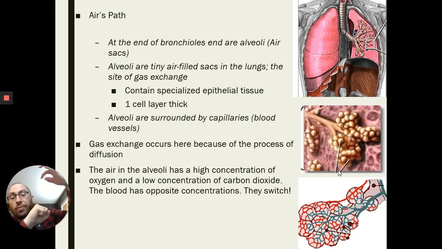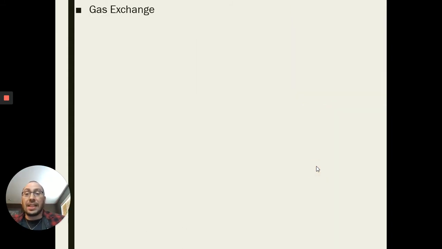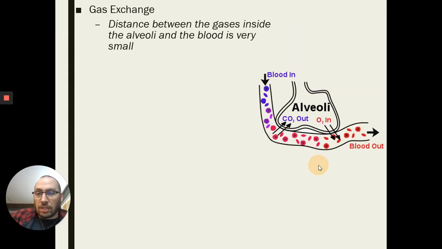That oxygen from the alveoli is going to want to get into those capillaries. The carbon dioxide from the capillaries is going to want to go into the alveoli. So that's where the gas exchange happens, and they switch. The oxygen from the alveoli goes into the capillaries, and the carbon dioxide from the capillaries goes into the alveoli. And that's how we get rid of our carbon dioxide.